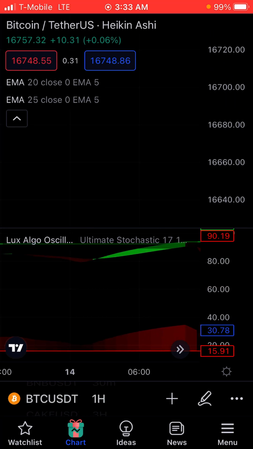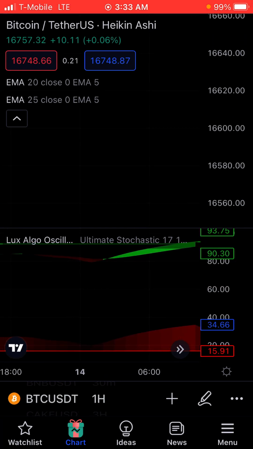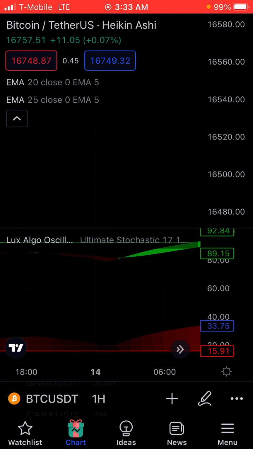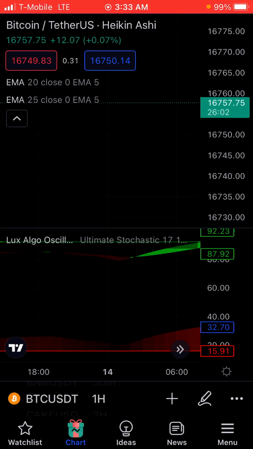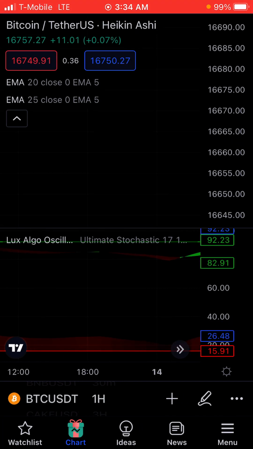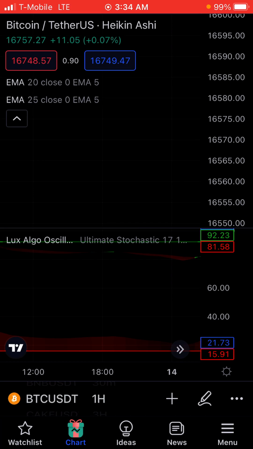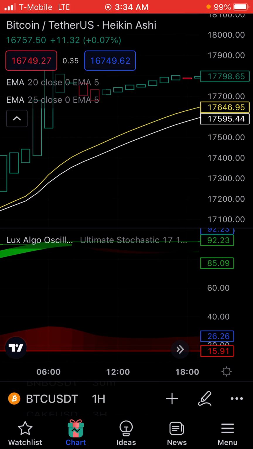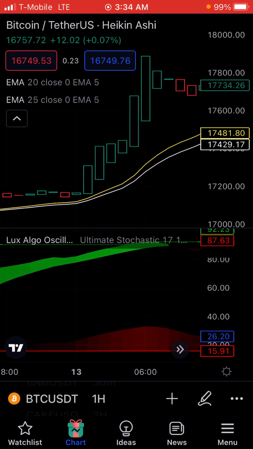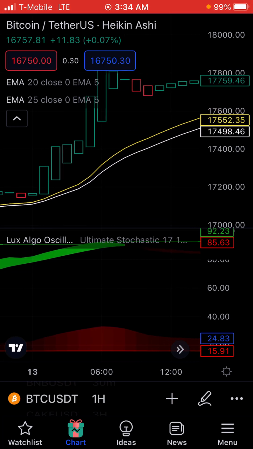I call them red clouds. You want to find a red cloud on the bottom.